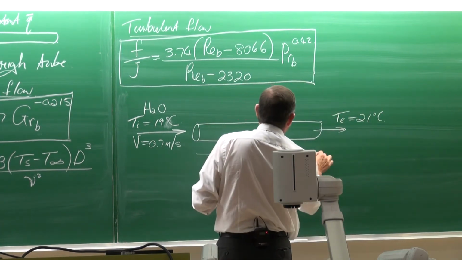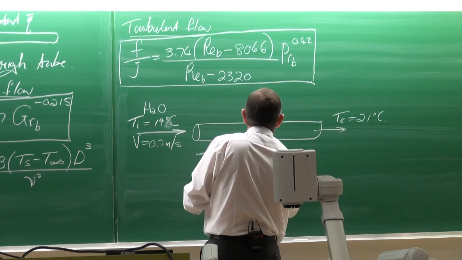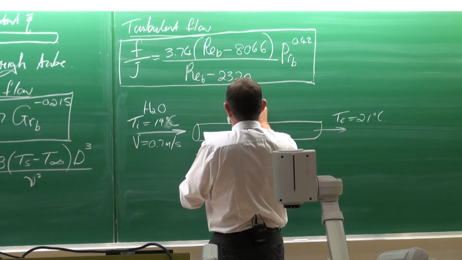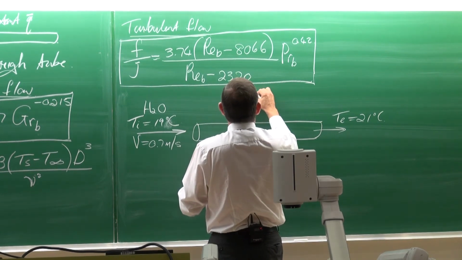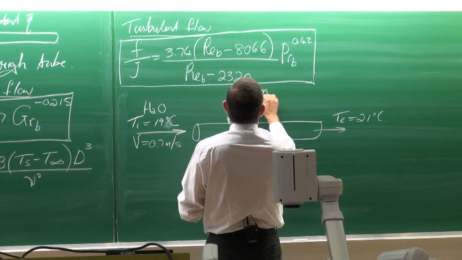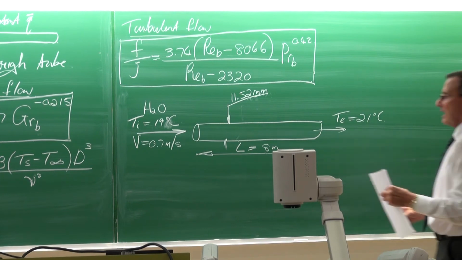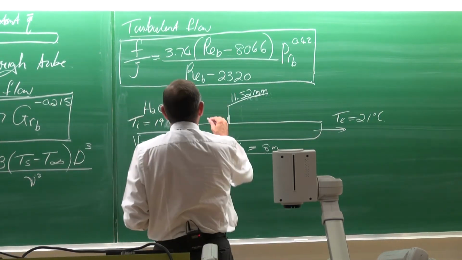The length of the tube is equal to 8 meters, and the tube diameter is 11.52 millimeters, almost a half-inch tube. And the tube is being heated at a constant heat flux.